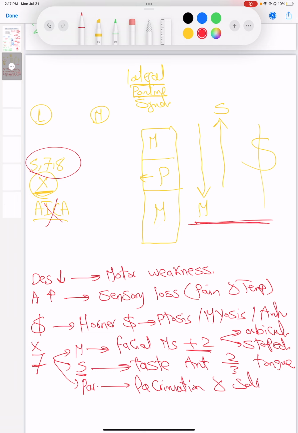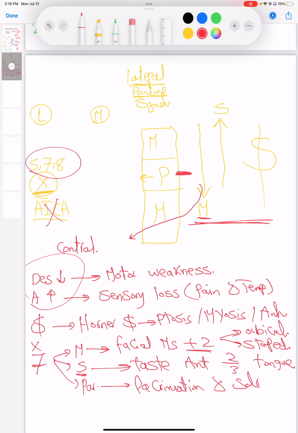The next question, ipsilateral versus contralateral. Actually, those symptoms, the descending and the ascending tracts, are contralateral, because the descending tract decussates later. The lesion here is at the level of the pons, but it decussates later in the medulla to go to the other side. So it will give contralateral side symptoms.